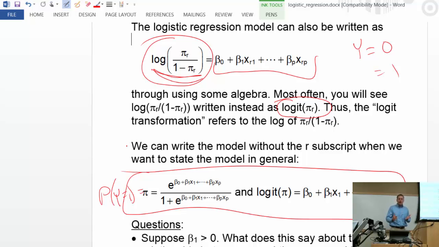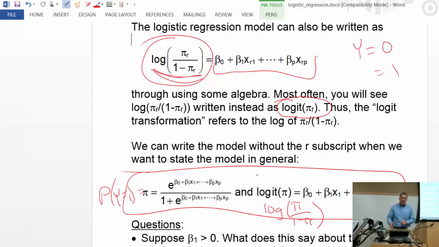Now, using some algebra, we can write on the left-hand side the log of pi over 1 minus pi, which is often abbreviated as logit of pi. It's just notation, but that's what you will typically see people write. And then you set that equal to the linear combination of the betas with the x's. Okay, so that's what our model looks like.